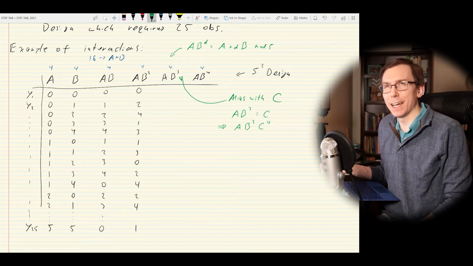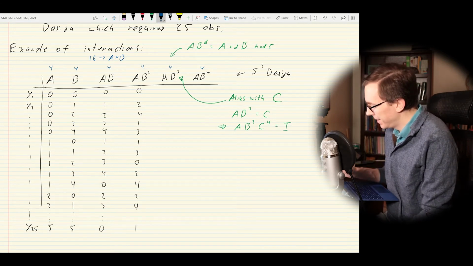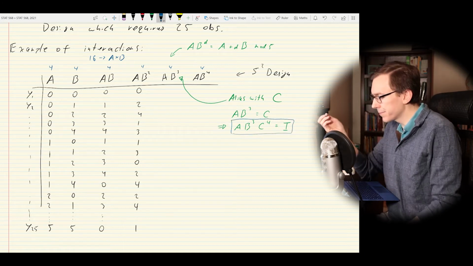I'm basically multiplying both sides of this equation by C to the 4 to get an I. And now I have a relation in my defining contrast subgroup.